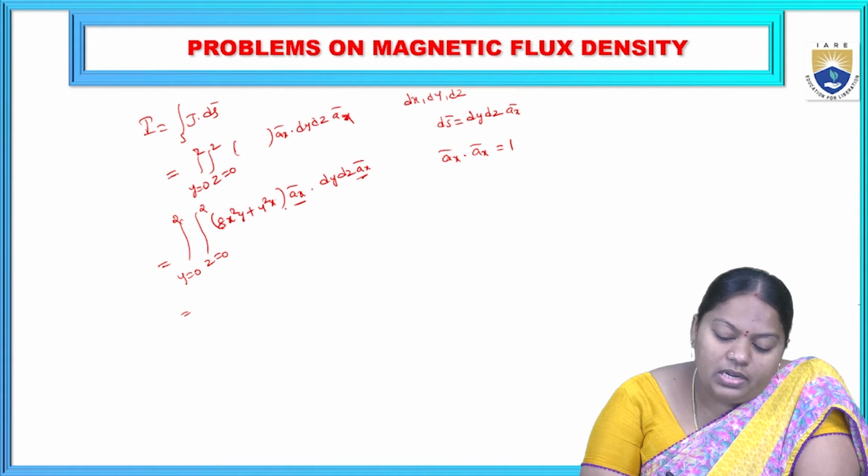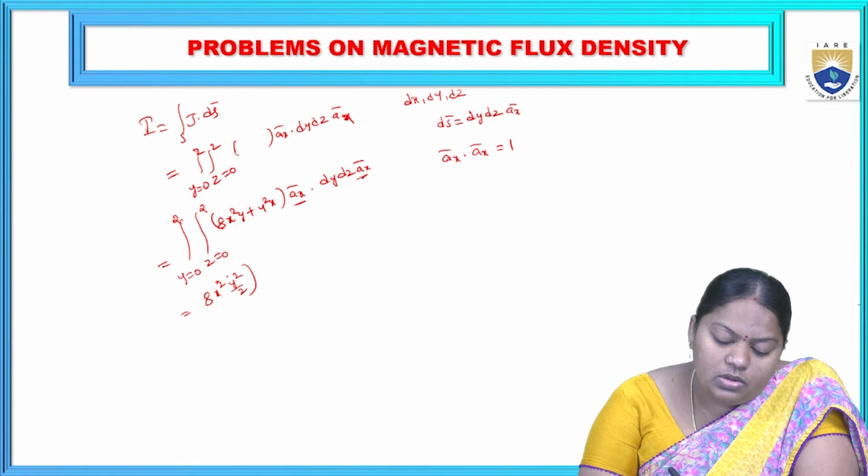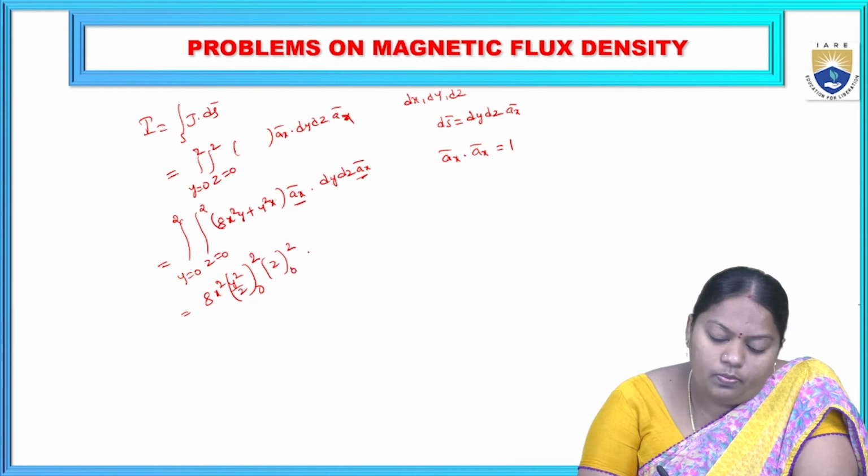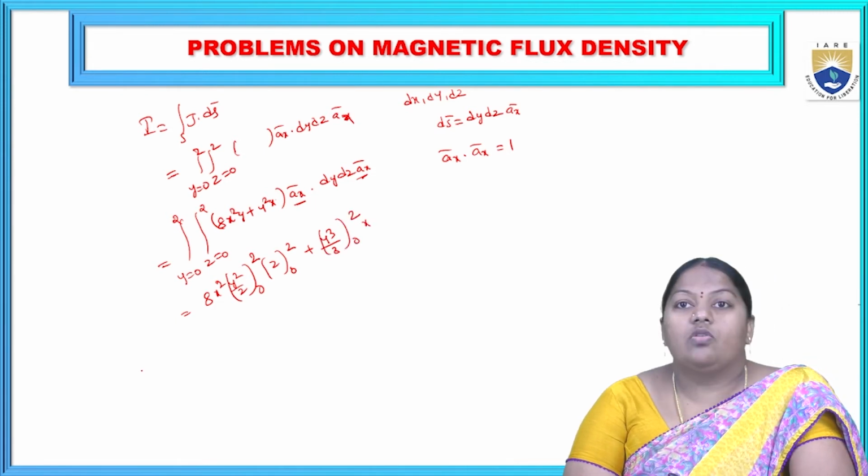So now after integrating, 8x squared y becomes y squared by 2 with limits 0 to 2, and z is given as 0 to 2, plus y squared x becomes y cubed by 3 with limits 0 to 2, and x is a constant.